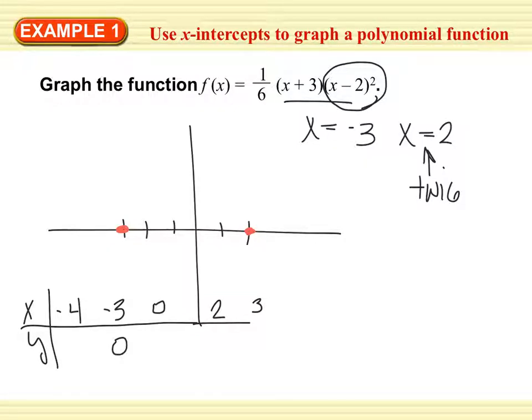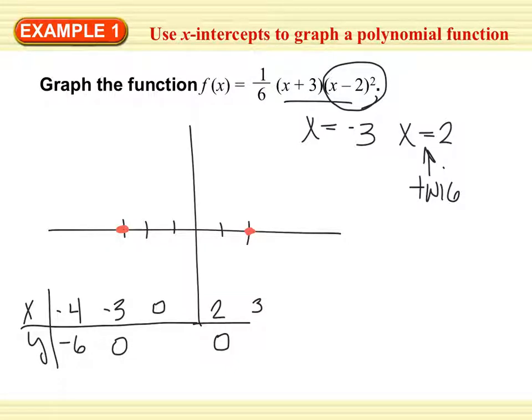So our y value is going to be 0 there, and our y value is going to be 0 there. If I plug in -4 to the equation, I get here, this would be -4 plus 3 is -1, and -4 minus 2 is -6 squared. If I crunch all my numbers for this one, what you can do with your calculator, I'm going to get a -6.